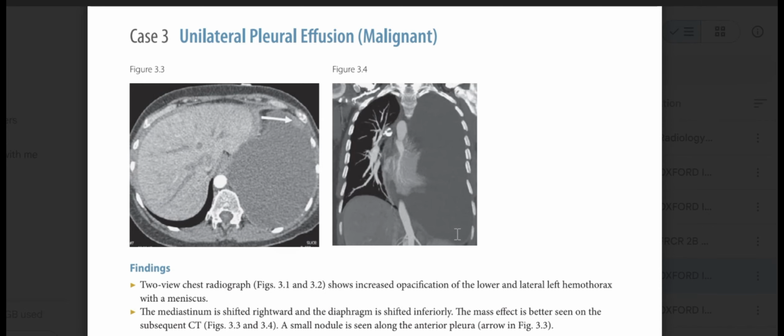It's seen clearly on the CT scan. The mass effect and the contralateral mediastinal shifting are better seen on the subsequent CT scan.